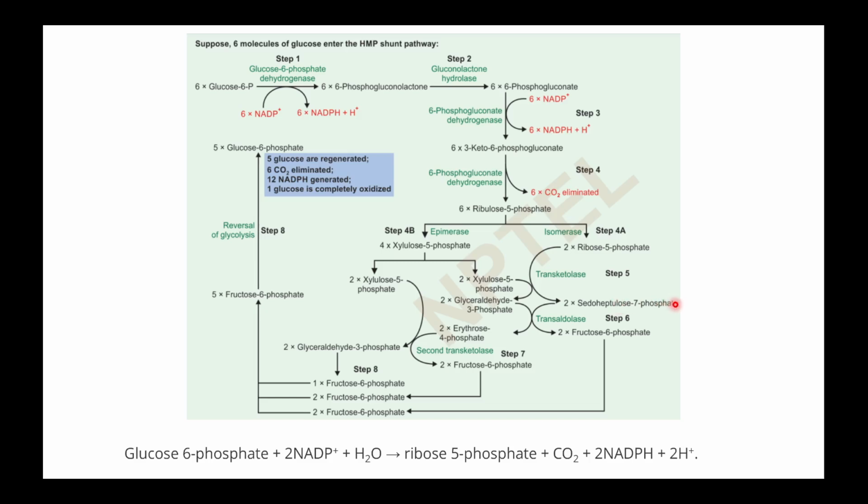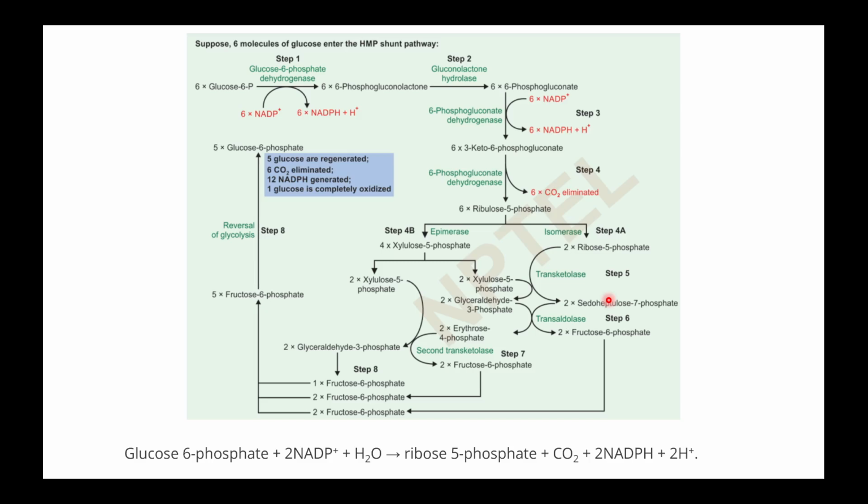One is a 7 carbon sugar and one will be a 3 carbon sugar. So we had xylulose 5-phosphate and ribose 5-phosphate. From each pair of ribose 5-phosphate and xylulose 5-phosphate, we will get one sedoheptulose 7-phosphate, that is a 7 carbon sugar, and one glyceraldehyde 3-phosphate, that is a 3 carbon sugar. Okay, so the total number of carbon remains the same, it's just a transketolation that is happening.